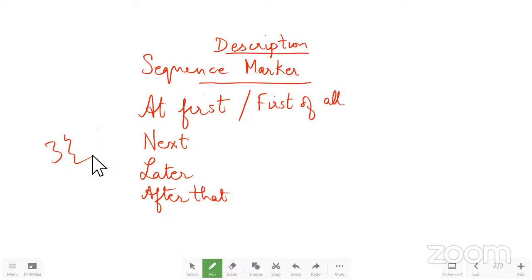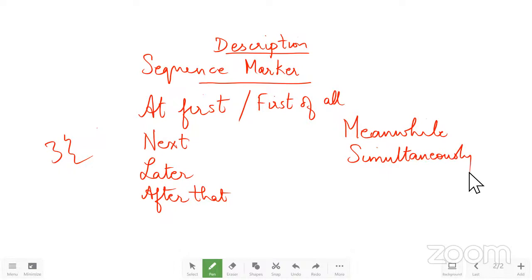After that, you can also write meanwhile, simultaneously, then last you can write at the end, finally. Anything can be used, but it should be correct.